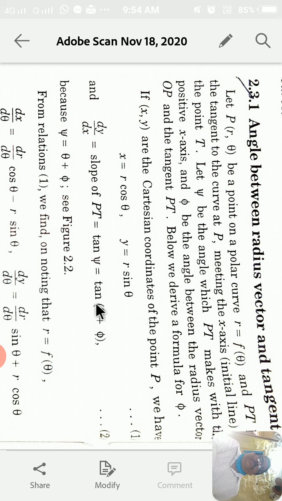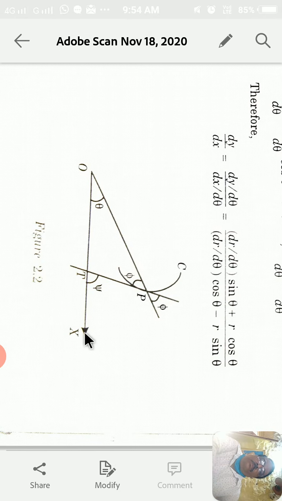Next we derive the equation for the angle between the radius vector and the tangent. So let us see this figure. In this figure, r is equal to f of theta is a curve, which can be denoted by C. So this is a polar curve given by r is equal to f of theta.